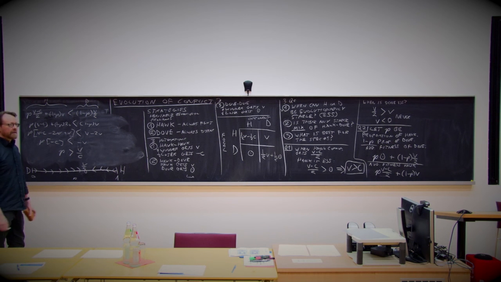Okay, so where were we? We had answered question 2, right? What mix of hawks and doves could be evolutionarily stable? When V is less than C, there is a unique evolutionarily stable value of the proportion of hawks at V over C, which represents this trade-off.